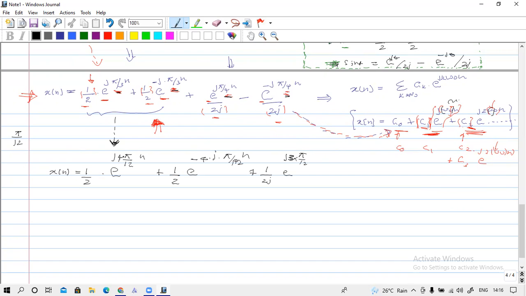Here it is minus, so minus half j e to the power minus j3 5 by 12 n.